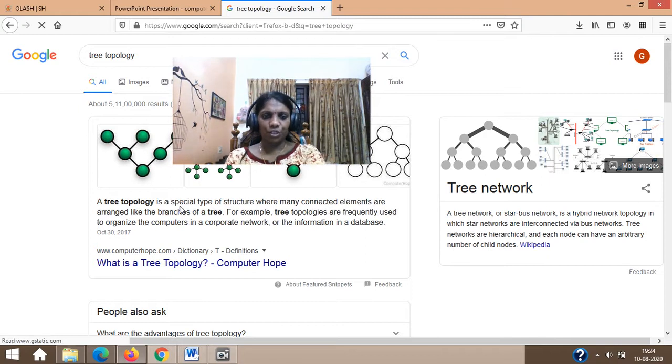It's a special type of structure where many connected elements are arranged like branches of a tree. So this you can take and put into our example. A tree topology is a special type of structure where many connected elements are arranged like the branches of a tree, or as I said earlier, a connection of different layouts or topologies together which looks like an inverted tree, is also called a tree topology.